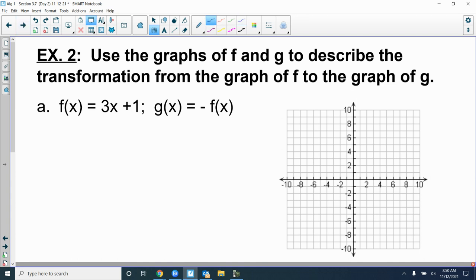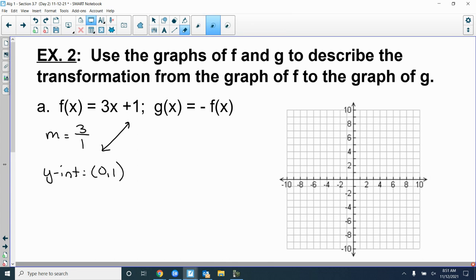And for the most part, you guys did a good job graphing on your test. Slope is 3 or 3 over 1. It is positive, so it's going uphill. Plus 1 is my y-intercept, 0, 1. So put a dot at 0, 1. And then you're going to go up 3, 1, 2, 3, to the right 1.